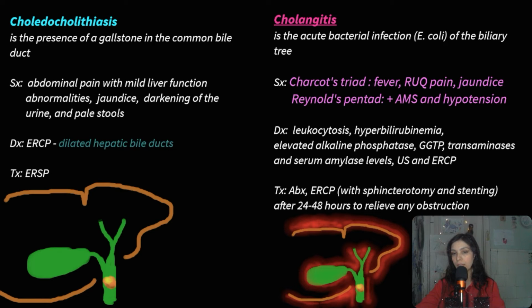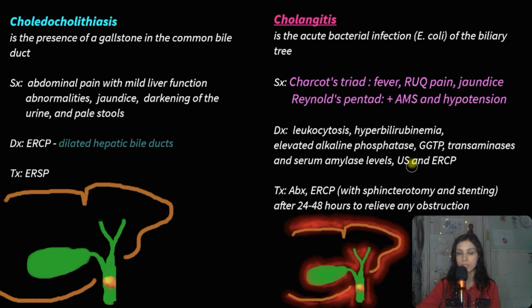Okay, and next is cholangitis. It's also a consequence of choledocholithiasis, and there is even a special name for these symptoms. It's Charcot's triad: fever, right upper quadrant pain, and jaundice. If you add two more symptoms, altered mental status and hypotension, it will be Reynolds' pentad.